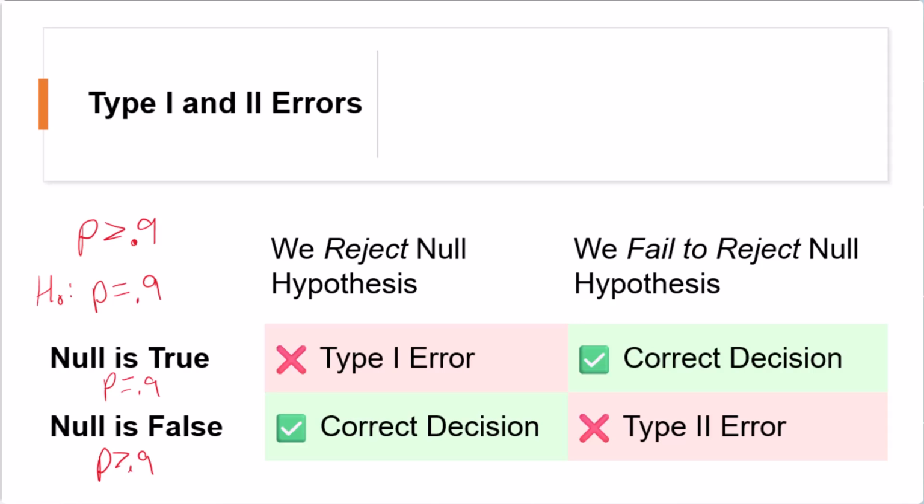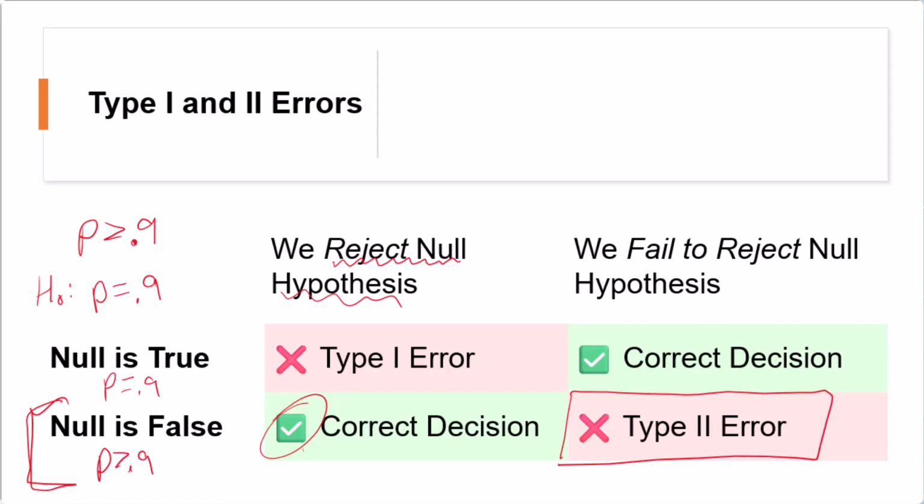So if we're in the reality that Colorado skiers and snowboarders do in fact wear their helmets more than 90% of the time, we have two possible conclusions. Either we rejected the null hypothesis when we did our hypothesis testing, in which case we made the correct decision, or we failed to reject the null hypothesis, meaning that we said that the evidence wasn't strong enough to conclude that more than 90% of the skiers and snowboarders in Colorado wear their helmet.